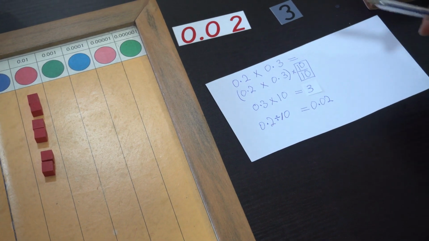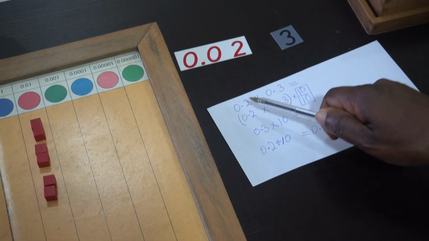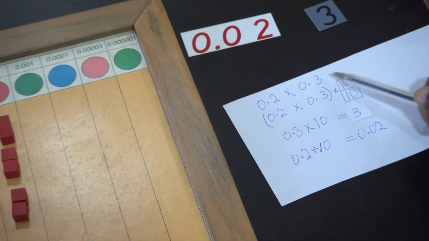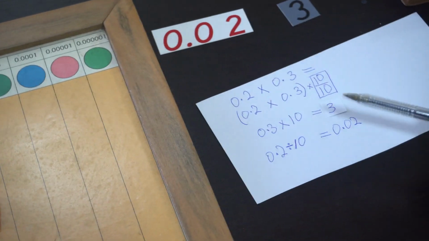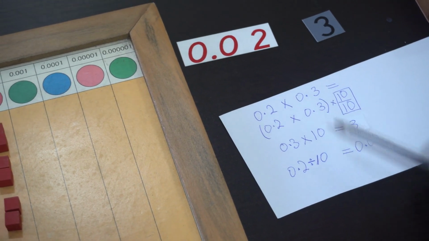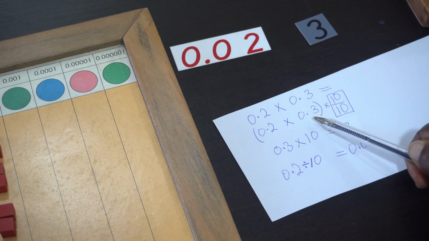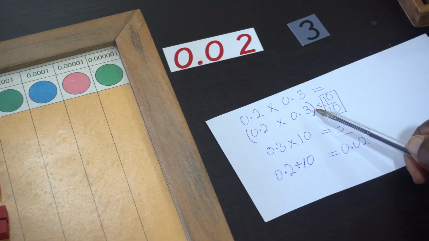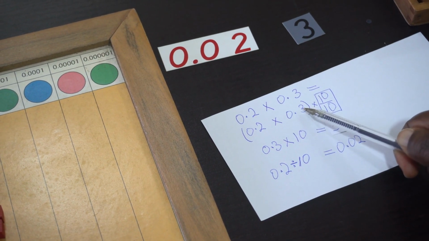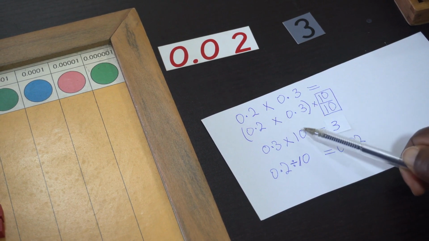So we started by multiplying 2/10 by 3/10. And we said we need to change the multiplier to a whole number, 3/10 to 3 in this case. To achieve that, we have to multiply the multiplier by 10.